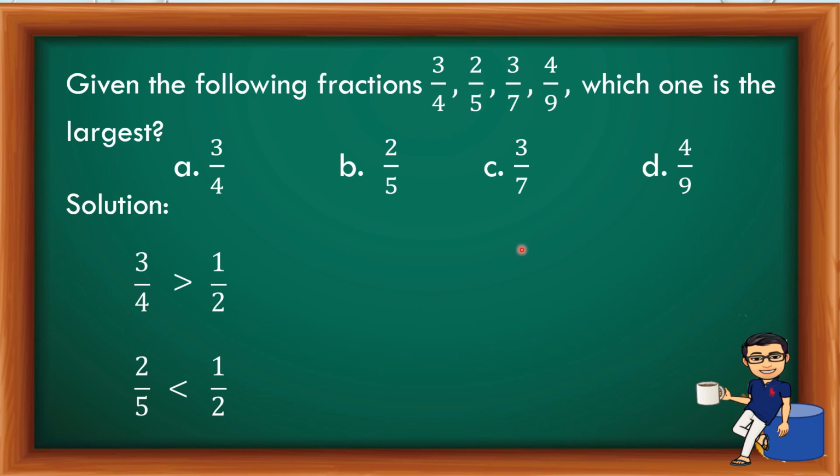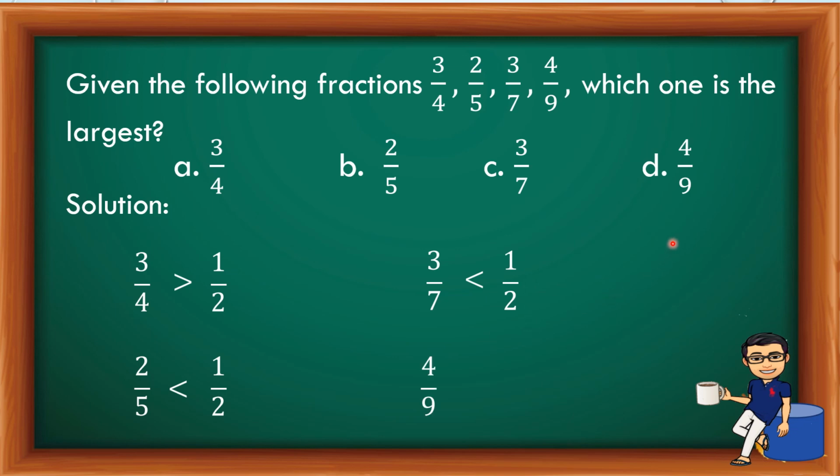How about letter C? 3/7 compared to 1/2. Numerator 3 times the denominator here, that's 6. Numerator here times the denominator here is 7. 6 is less than 7. Therefore, 3/7 is less than 1/2.